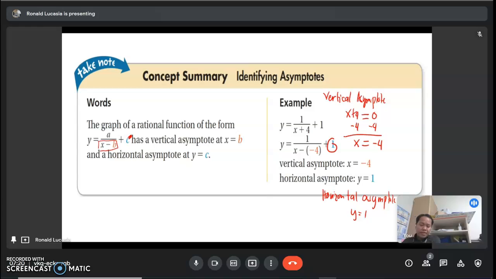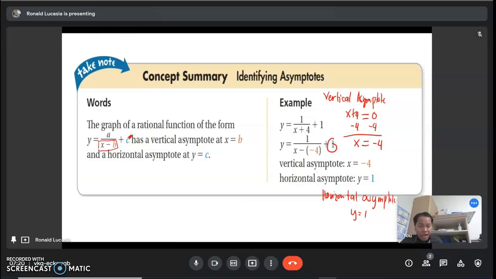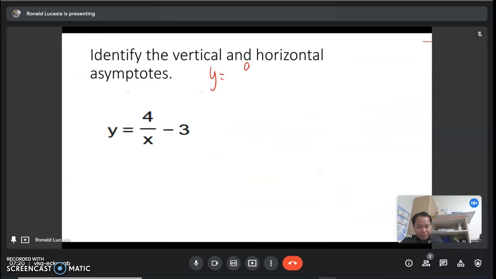Now, let's have this one. Identify the vertical and the horizontal asymptote. Notice that we have earlier the form y is equal to a over x minus b plus c. So this one is our vertical asymptote, and this one is our horizontal asymptote.